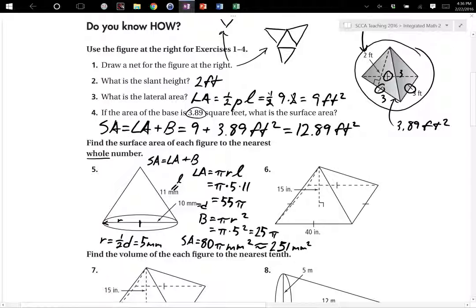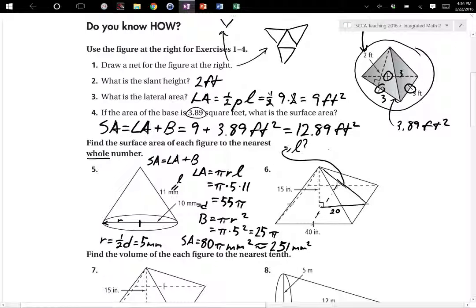Okay, we have the same thing going on over here in problem number 6, except I don't know my slant height. I need to know this. I need my L. What is it? Well, I can use the Pythagorean theorem. What is this dimension? Well, that's going to be 20 because that's half of my pyramid, half of the width of my pyramid.